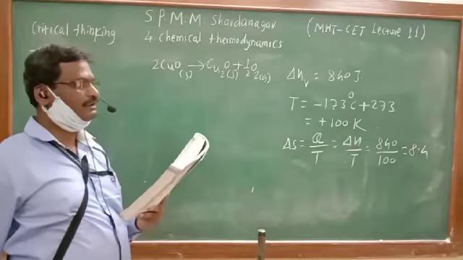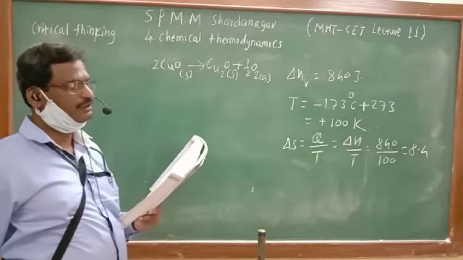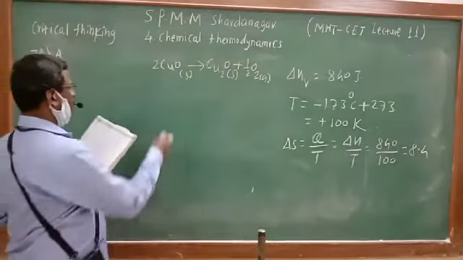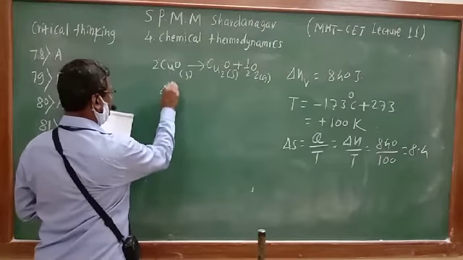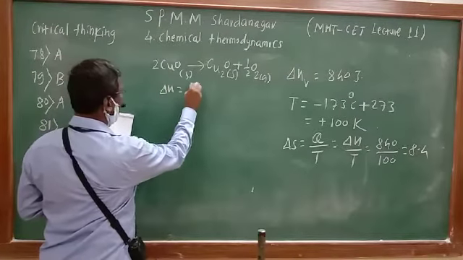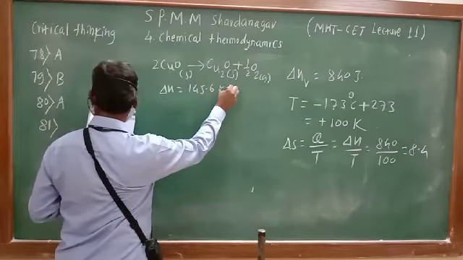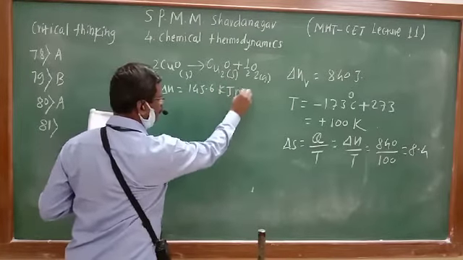For this reaction, delta H is given, temperature is given, and delta S is also given. So here delta H will be equal to 145.6, unit is kilojoule per mole.